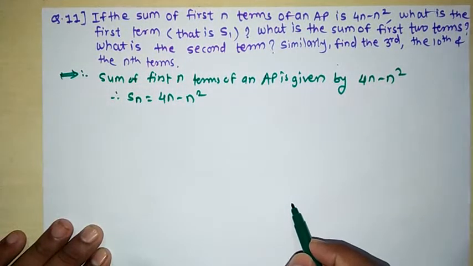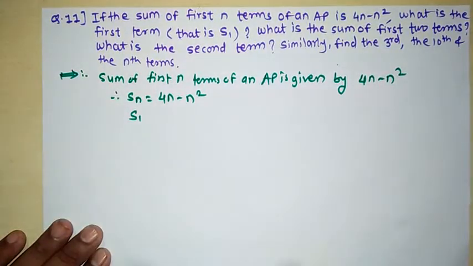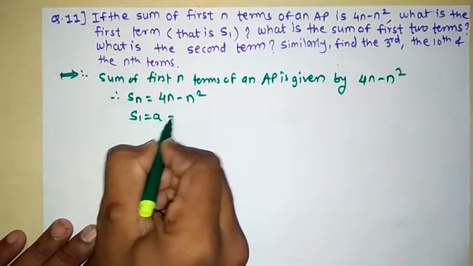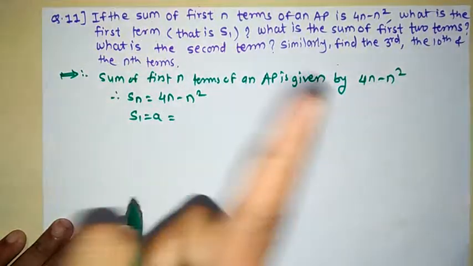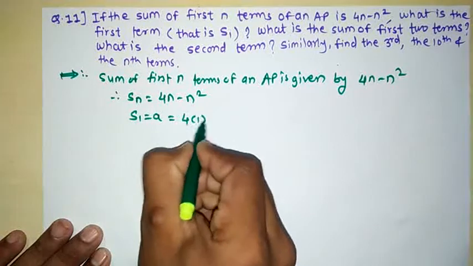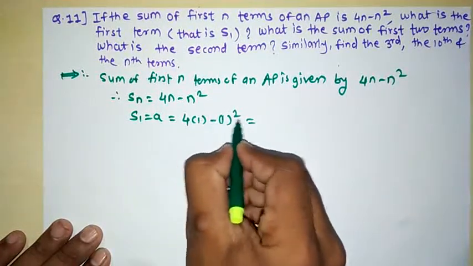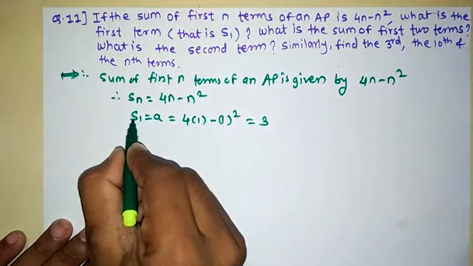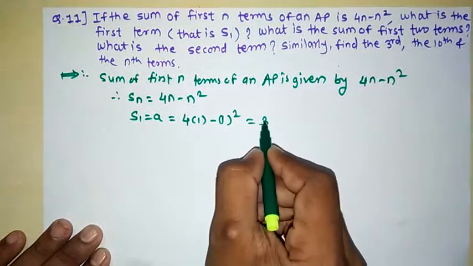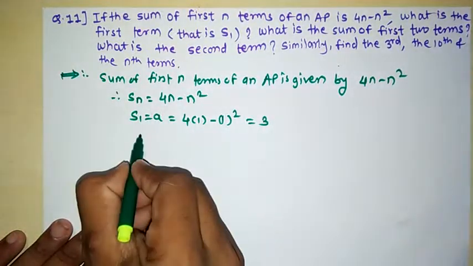The first term is nothing but S1. The sum of the first term is only the first term, which is equal to a. Therefore, instead of n we write 1: 4 into 1 minus 1 square. 4 into 1 is 4. 4 minus 1 is 3. Therefore, we got the sum of the first term equal to 3. It is the first term only, that is 3. a is equal to 3.